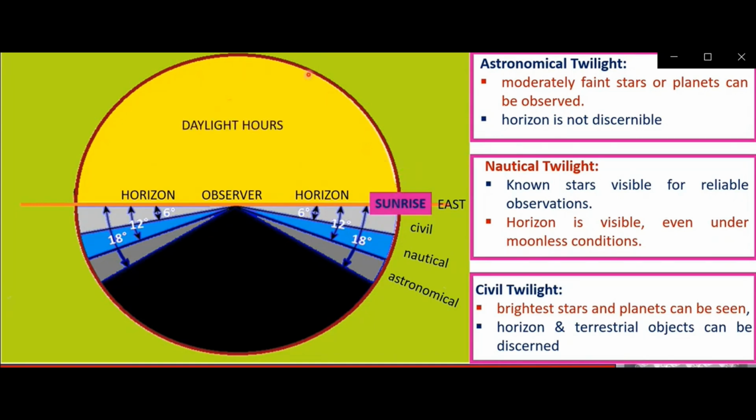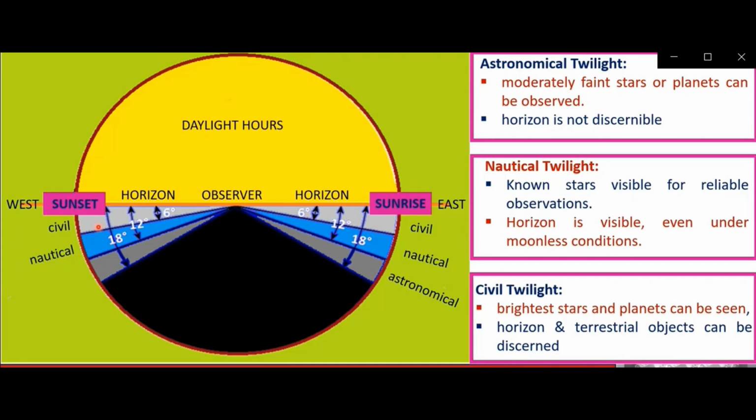Now thereafter the sun is up and it's daylight for the observer. The sun apparently moves across the sky from east to west, and when it reaches the western horizon, it's time for the sun to set. As the sun sets, all the three twilights begin: civil, nautical, astronomical. When the sun center reaches 6 degrees below the horizon, it is the end of civil twilight.